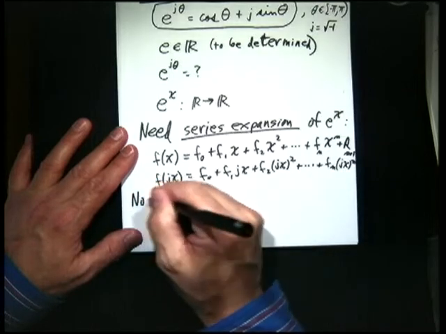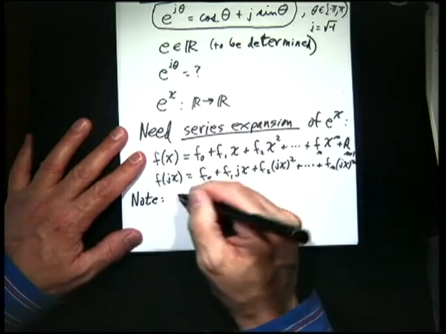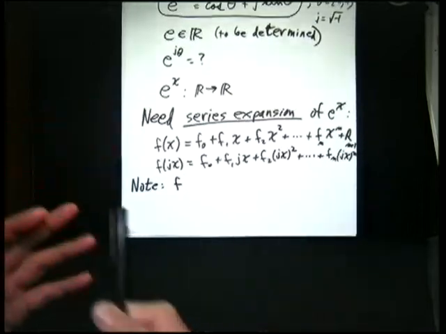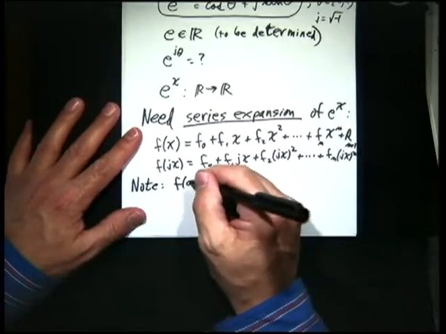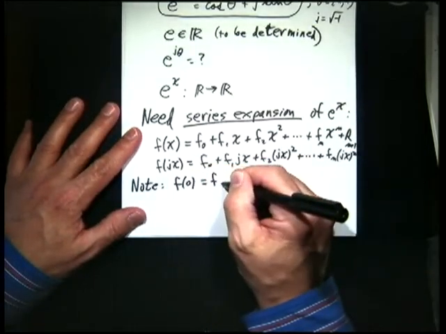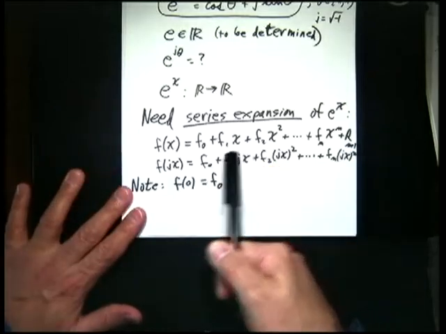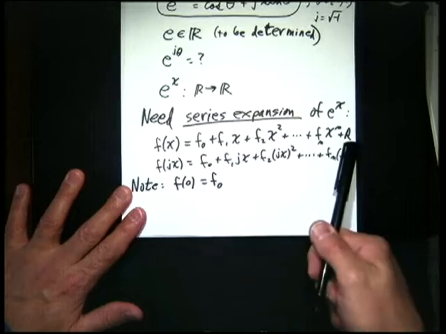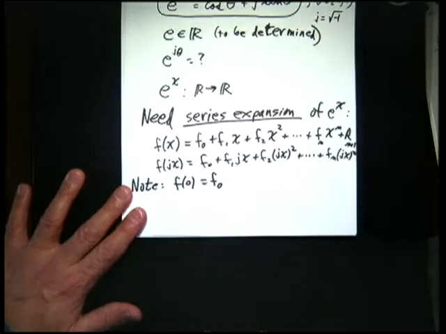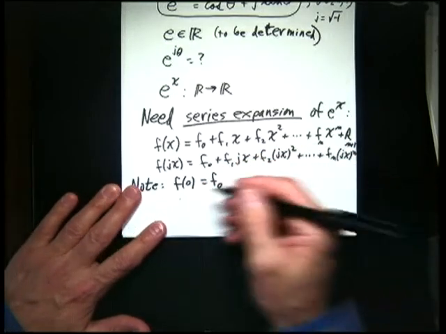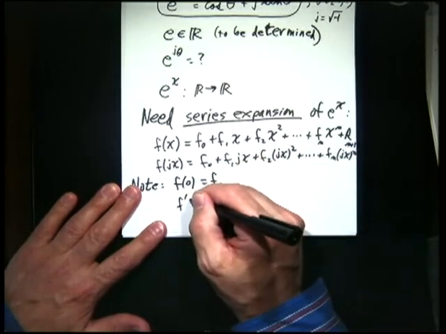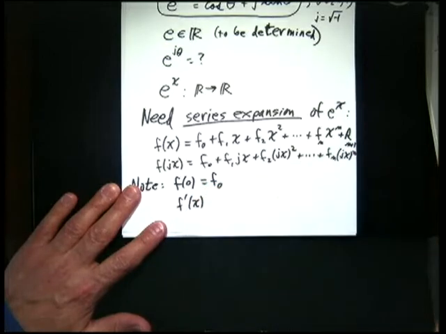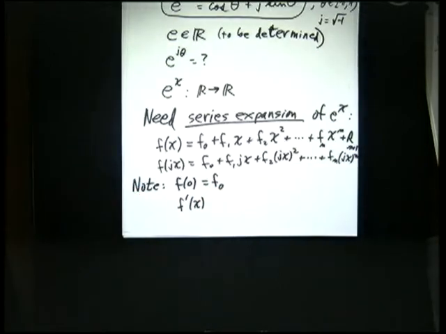So note that in this polynomial formula, f of 0 obviously equals f0, right? Because if you set x equal to 0, then all the higher order terms go to 0, and you're left with the constant term, f0. And then similarly, if we differentiate it, let me just say the first derivative of f, I'm assuming everyone can differentiate a polynomial.